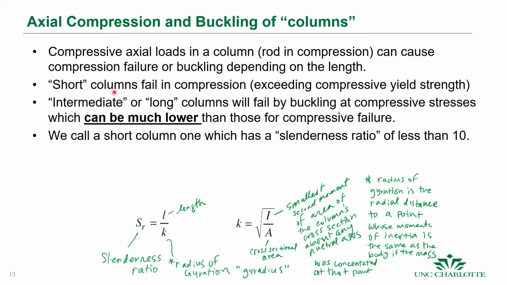We have a difference here between what we call short, intermediate, or long columns. Short columns fail in compression. That means you just have enough material and it's short enough that when you exceed the load, you just smash the material. You just exceed the compressive yield strength. Longer columns, which we call intermediate or long columns, will fail by buckling at compressive stresses that are much lower than those for compressive failure.